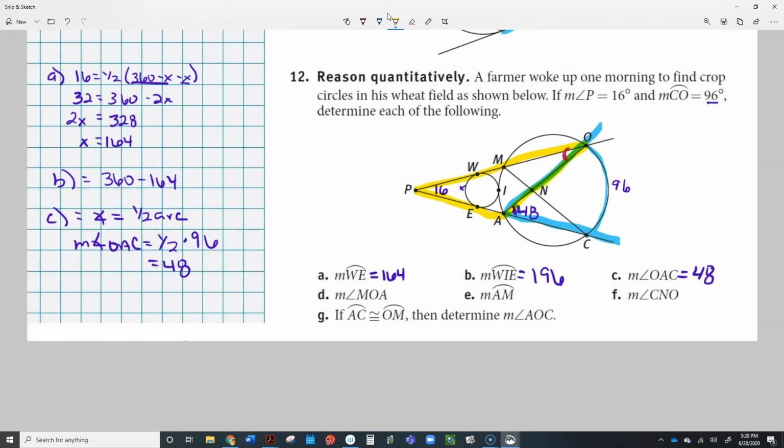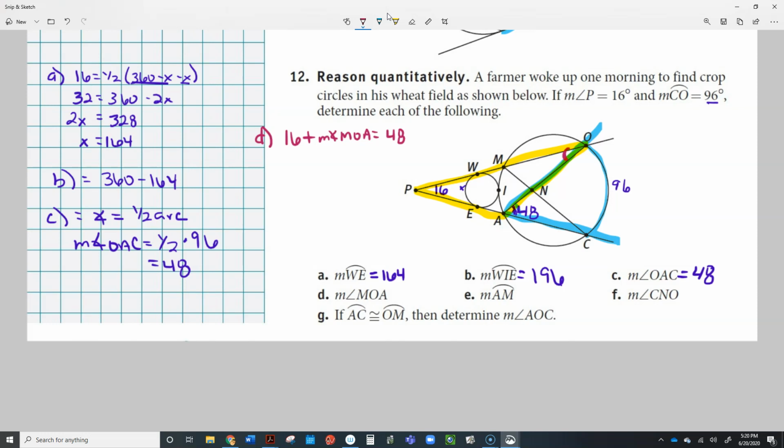I know this angle right here, I'm looking for this angle, and I know that exterior angle. So for part D, I believe, I know that 16 plus the measure of angle MOA is equal to 48.